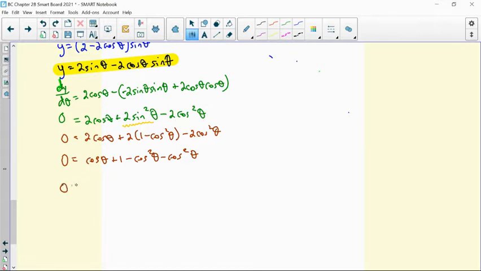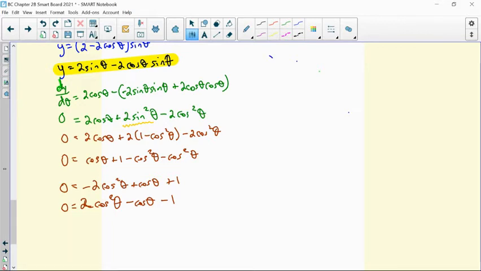So 0 is equal to negative 2 cosine squared theta plus cosine theta plus 1. And I like my lead coefficient to be positive, so I'm going to divide out the negative. So 0 is equal to 2 cosine squared theta minus cosine theta minus 1.